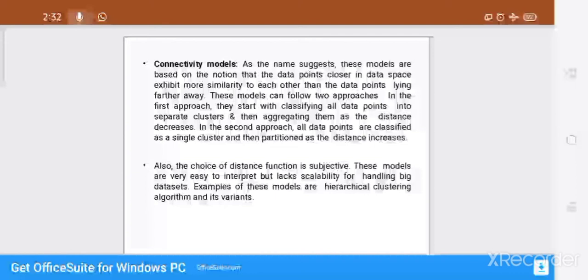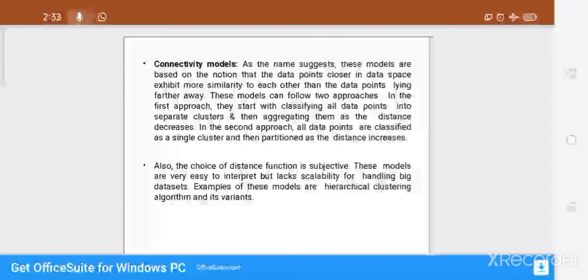Obviously, if we plot data points in the XY plane, and one data point is near 0,0 and another is at 5,5, then data points closer to 0,0 must possess similarity between them, more than the data point which is farther away. These models can follow two approaches.